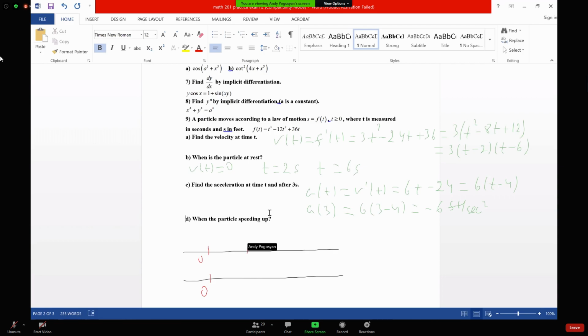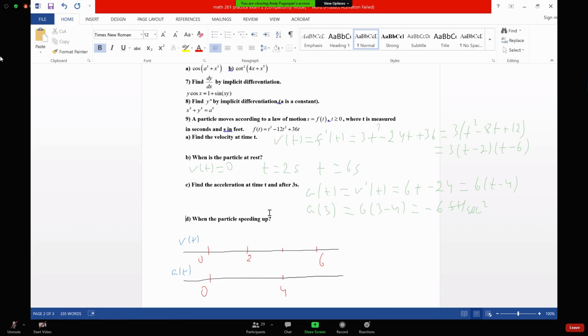This is 2. This is 6. For a(t), we have 4. So this is 4. So we have v(t), a(t).